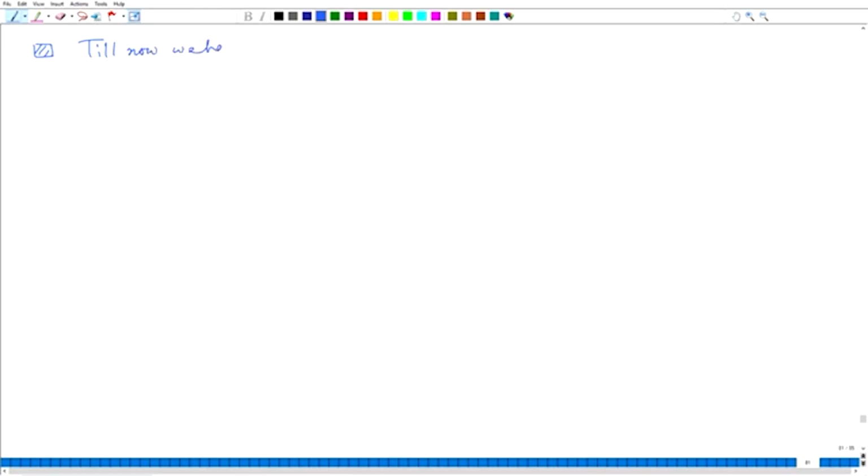Then finally, till now we have discussed only the case where the eigenvalues are distinct.